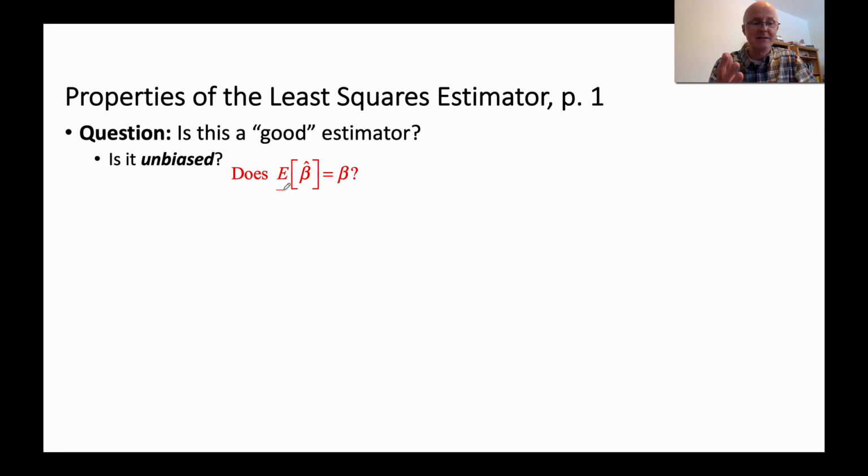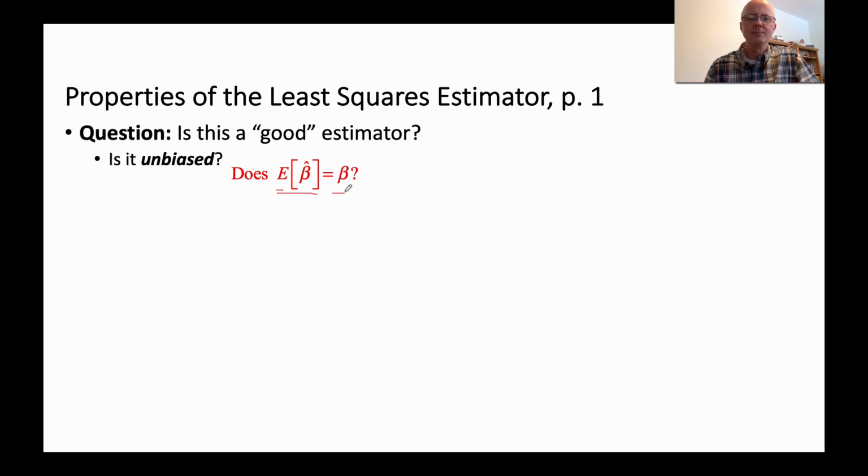Another point of difficulty in dealing with abstraction is sometimes the notation is inconsistent or even conflicts. The E so far represented an error, a residual. Here, E represents expectation or expected value. Is the expected value of beta hat as an estimator, as a statistic in an abstract sense that's got a distribution, or in this case a distribution for each of its components, equal to the vector beta itself, the unknown parameter vector? That's just a vector of numbers. They're unknown numbers, but it is a vector of numbers.